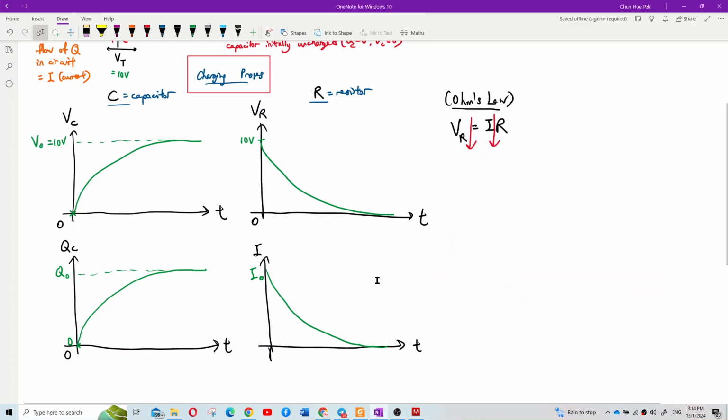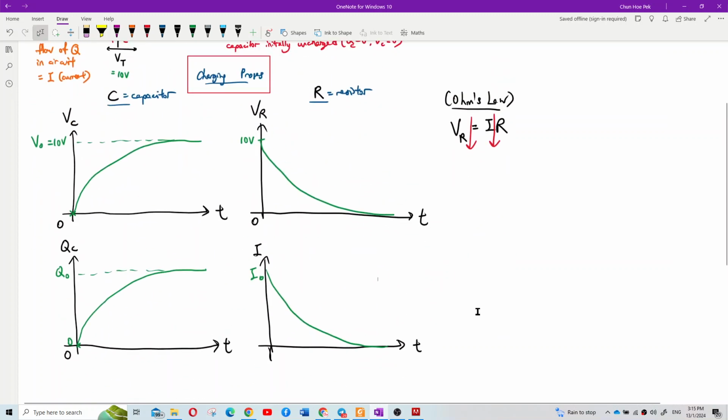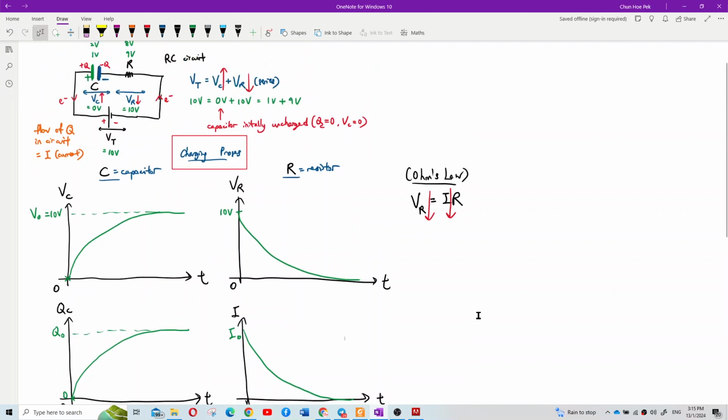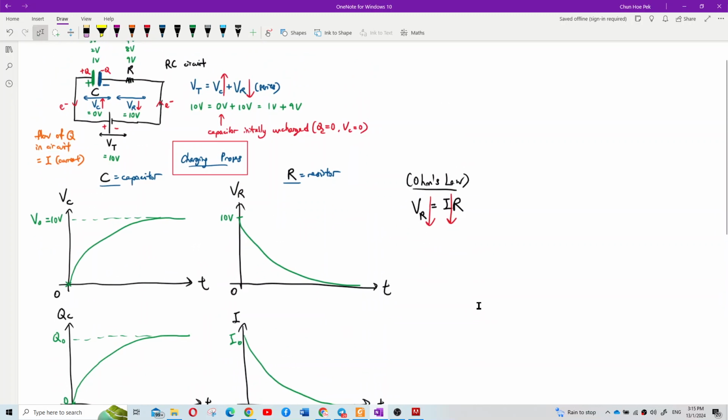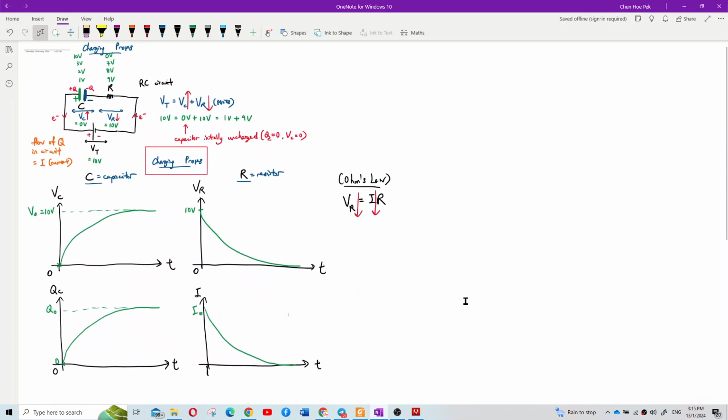Okay, put it simple like this. Probably you still don't understand why current drops. Actually, things are very simple. Don't make it complicated. I want you to see the whole picture. Mula-mula charging, of course got current, kan?